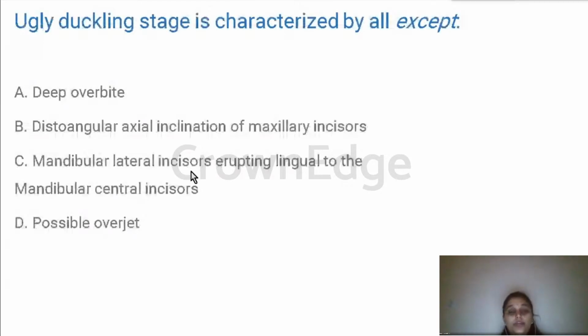The ugly duckling stage. We are back to the ugly duckling stage. It is characterized by all except deep overbite, distal axial inclination of your maxillary incisors, mandibular lateral incisors erupting lingual to the mandibular central incisors, and a possible overjet. It is all except.